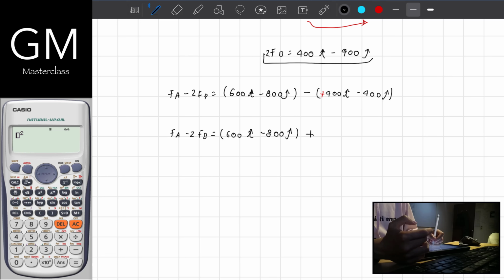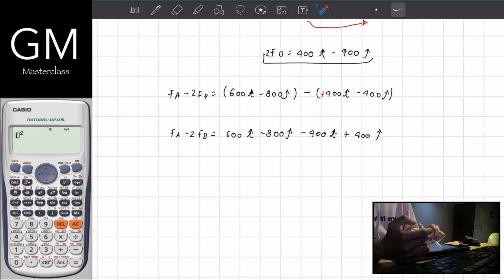Now it's better to eliminate that parenthesis. Minus 400 in the I direction plus 400 in the J direction.